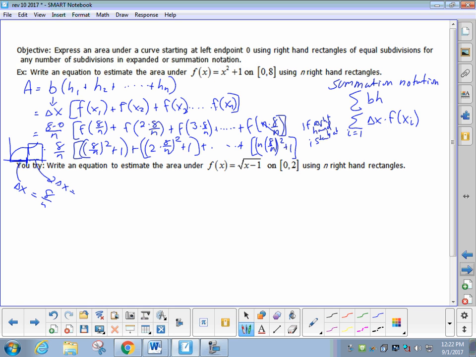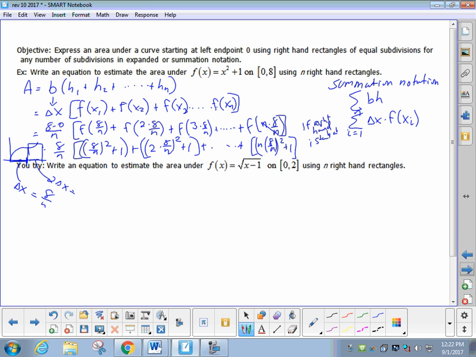In left-hand rectangles, you actually start at the left edge, so 0. Now delta x is over. All right? What's the last i value? n.